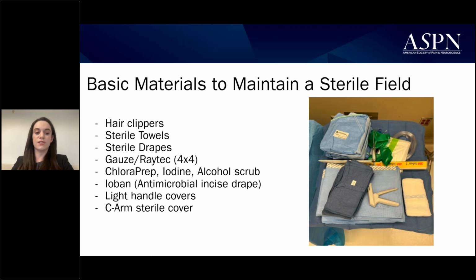We also have sterile towels, drapes, gauze, different types of cleaning solutions including ChloraPrep, iodine, and alcohol scrub, IOBAN, light covers, and C-arm sterile covers here. And you have the cover that covers the C-arm itself, but in addition to that, you'll either have C-armor or half sheets on your surgical drapes to protect the surgical field from the C-arm. Next slide, please.